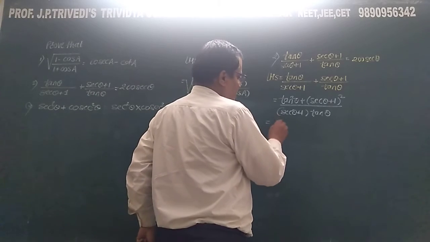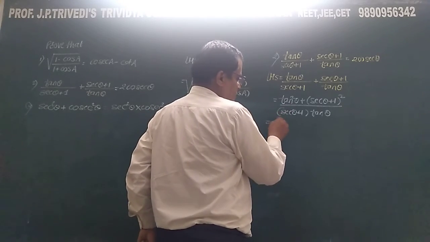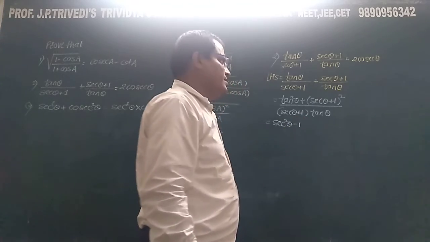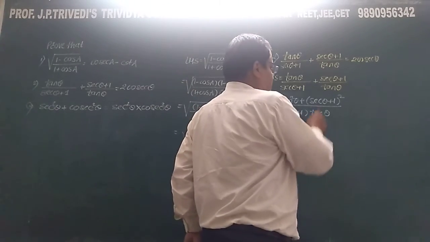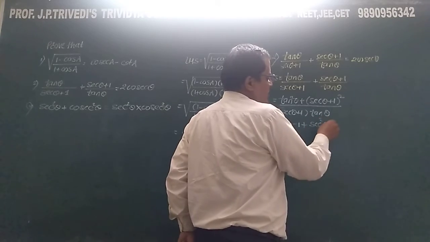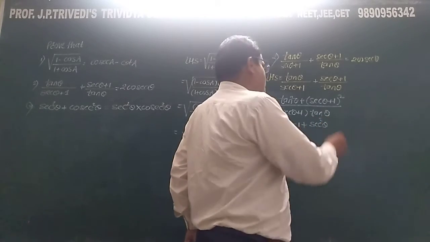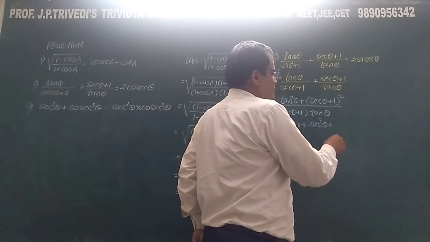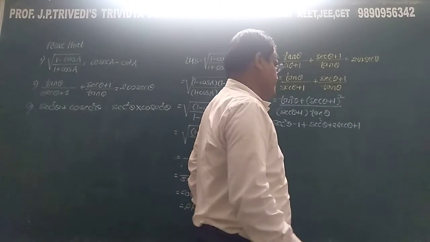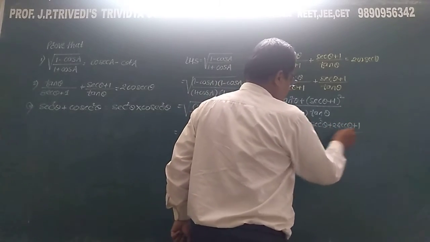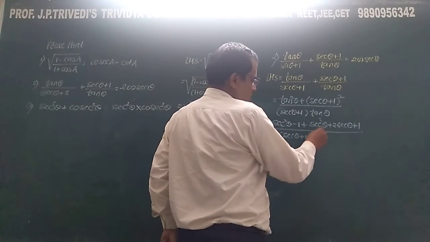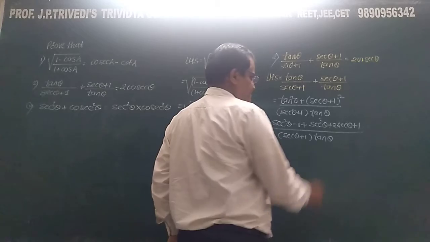Now tan square theta can be written as sec square theta minus 1, plus again (sec theta plus 1) whole square, that is sec square theta plus 2 sec theta plus 1, divided by (sec theta plus 1) into tan theta.